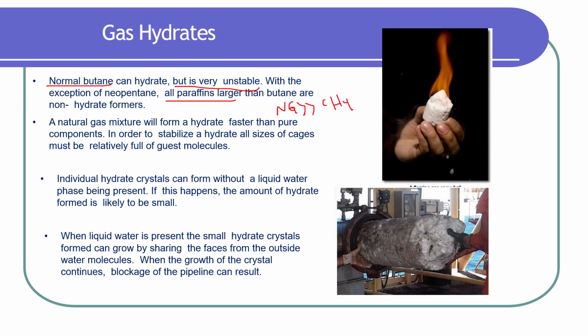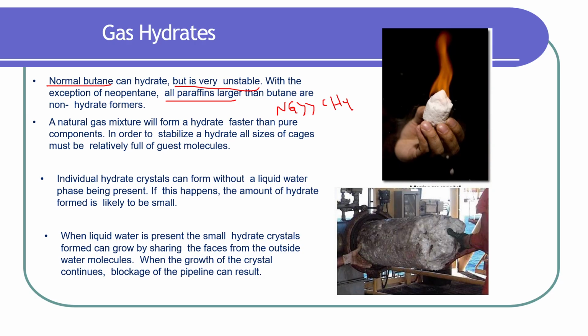So with the natural gas mixture, you can form the hydrate much faster, because this variety of small and large sizes will occupy the cages quickly. Meanwhile, if you have only CH4, the CH4 will only occupy the small cages, and it will keep moving inside them. This means that you need to apply more pressure to force the CH4 molecules to be entrapped inside the cage.